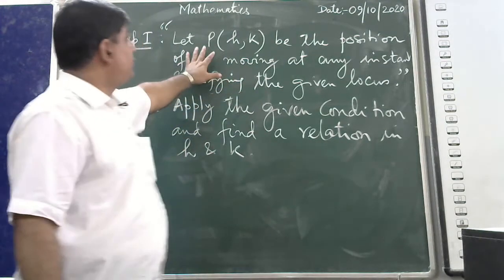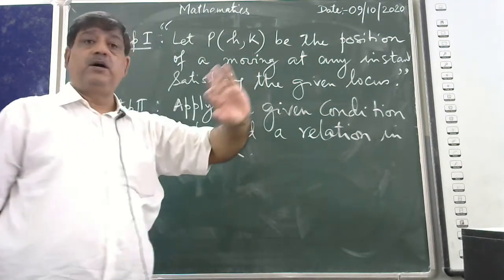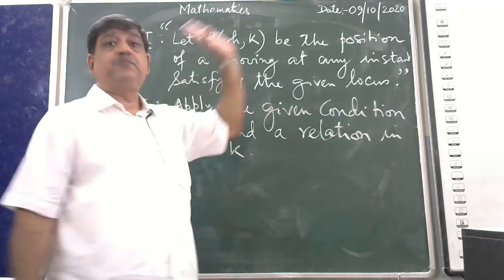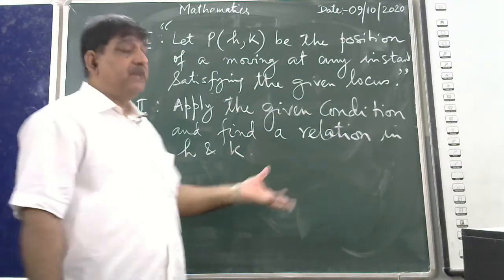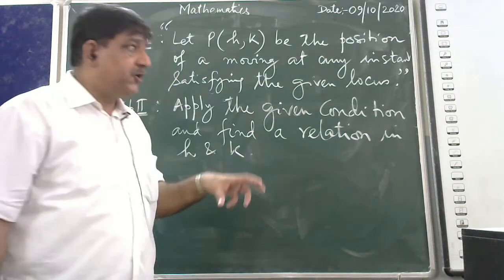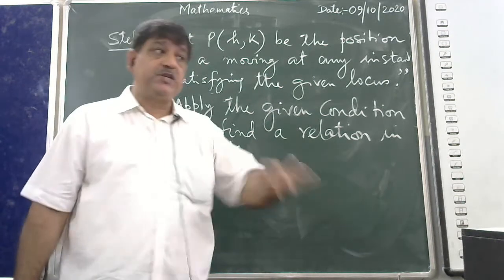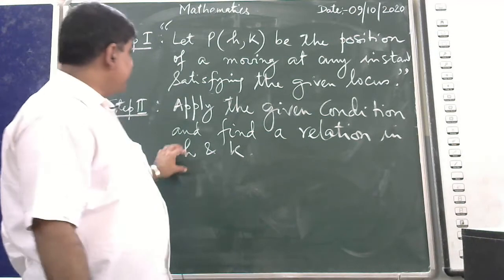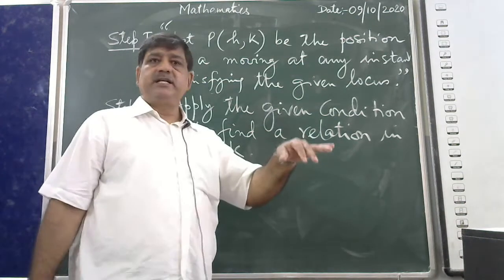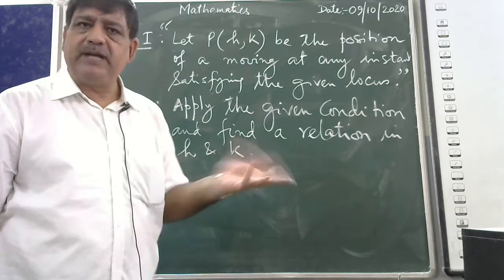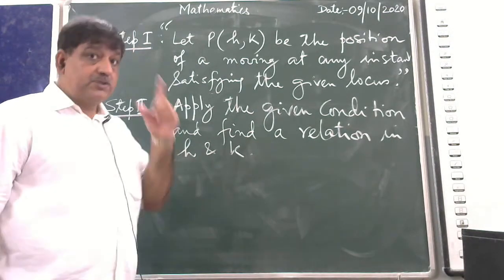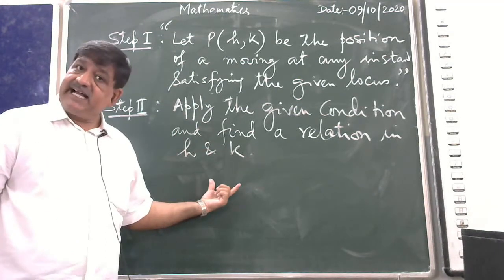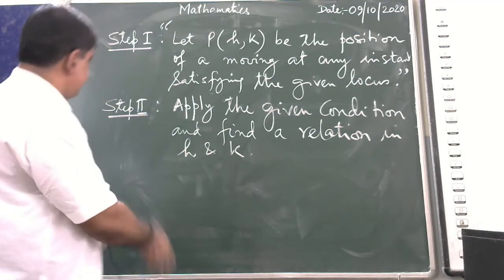So, first of all, you take P(h, k) as the position of a moving point at an instant, and then apply the condition under which that point is moving. Now, if you apply that condition, here is the importance of the basic tools which we have discussed earlier. Apply those basic tools to get a relation in h and k. The conditions will change from problem to problem. You have to check under what condition this point is moving, and apply that condition. And the third step.